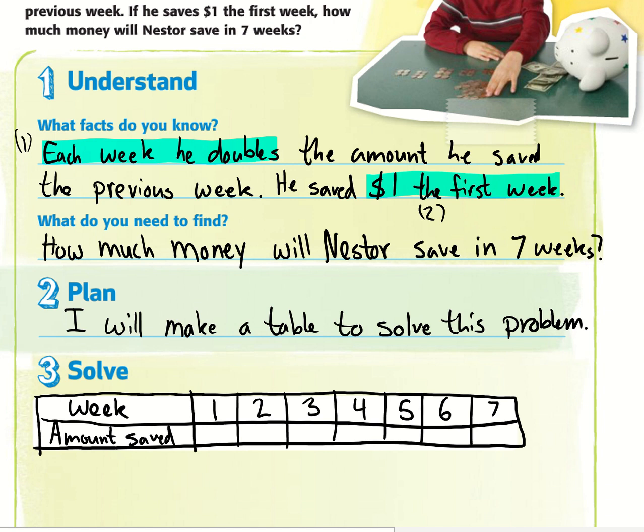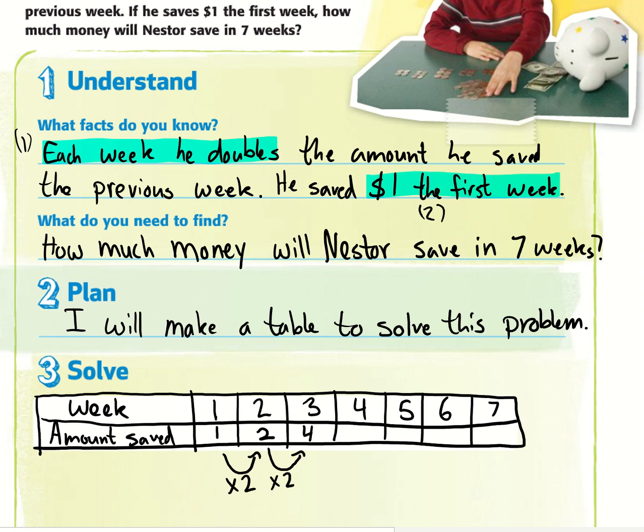So the first week, we know he saved $1. And based on the information we know, each week he doubles the amount he saved the previous week. So what we need to do here is we need to double that. So we're going to multiply it by 2. And then the following week, we're going to double once more.